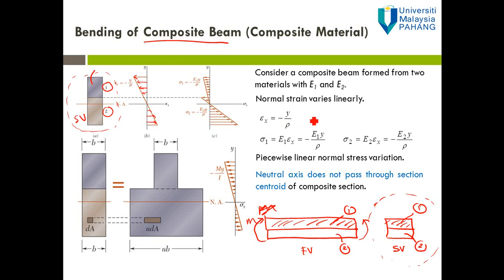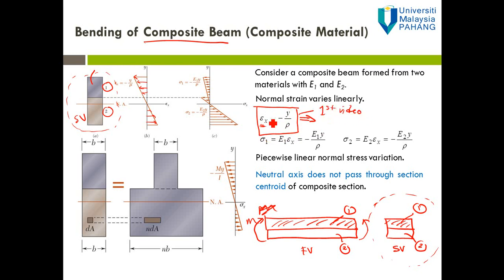And then, from the previous video, video 1, it had been shown that the strain is equal to y over rho. This is what we derived in the first video.